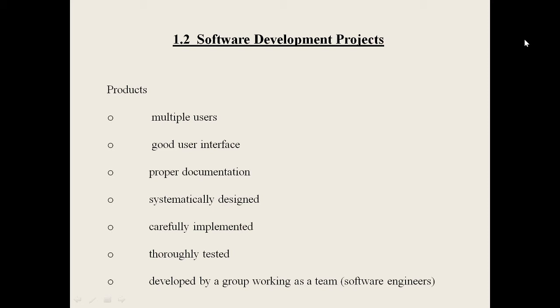They are not making use of a rough knowledge or a vague knowledge of programming ideas. They are systematically designed and carefully implemented, and they are thoroughly tested. Softwares are always used by other persons, the persons other than the developers.